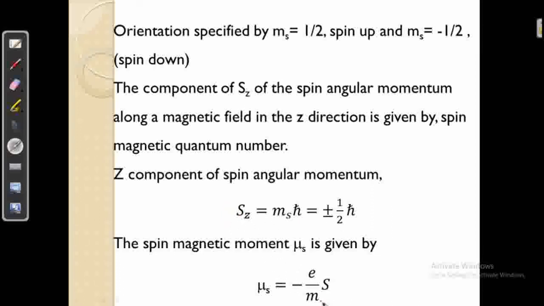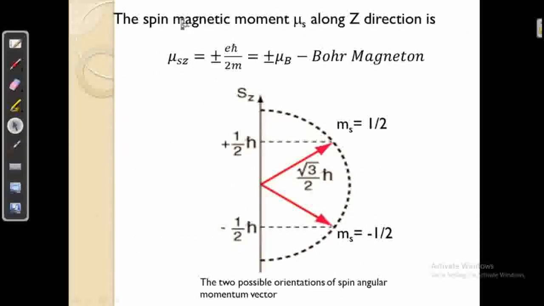So minus e by m into what is Sz? Plus or minus half h cross. So minus e by m into plus or minus half h cross, that is, we can write, plus or minus e by m into half h cross.